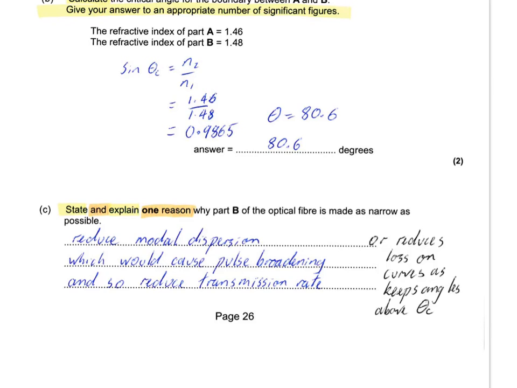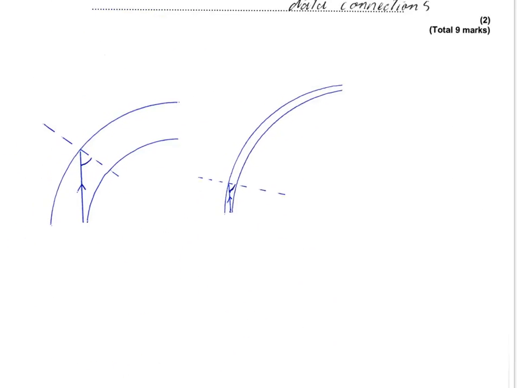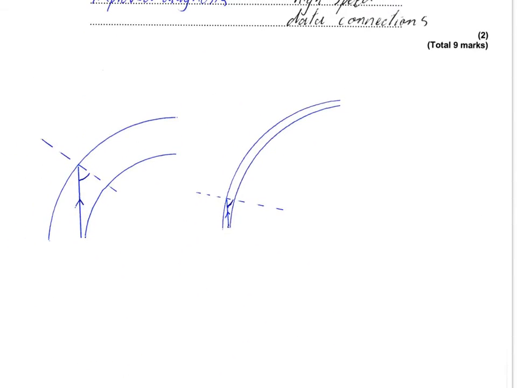I've got a little diagram to try and illustrate the issue with a narrow core and less loss. So here's a relatively wide core that the light's travelling along, and the beam could be coming along here, and with that radius of curvature, it's going to hit at a relatively small angle to the normal.